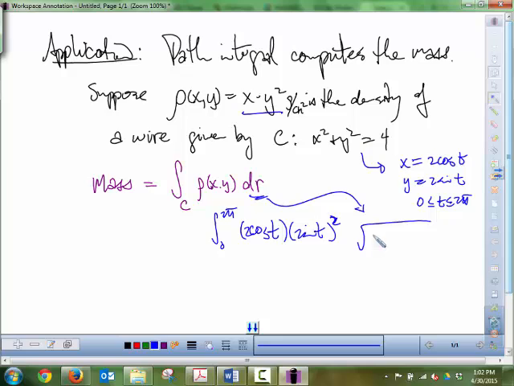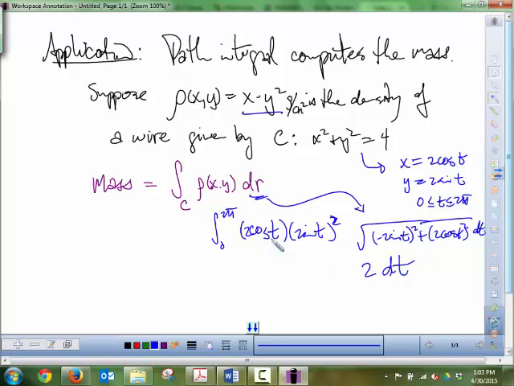Let's just do it. The derivative of x is negative 2 sine t. The derivative of y is positive 2 cosine t. And so that's your dr. And then that just simplifies to the square root of 4, which is 2.